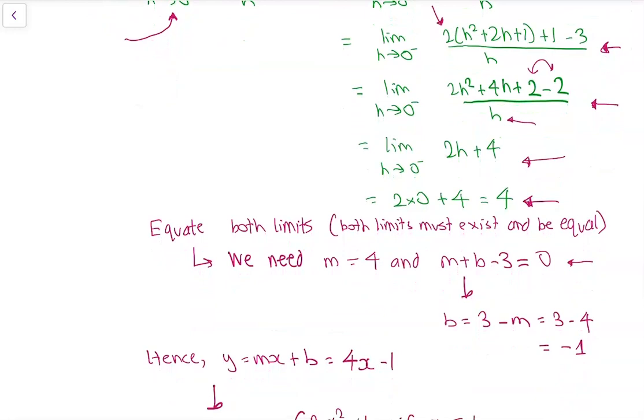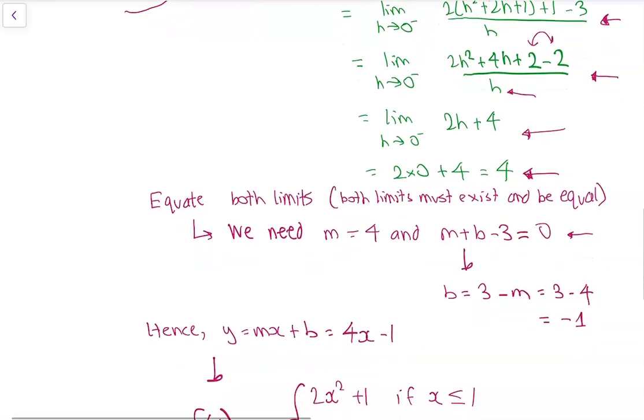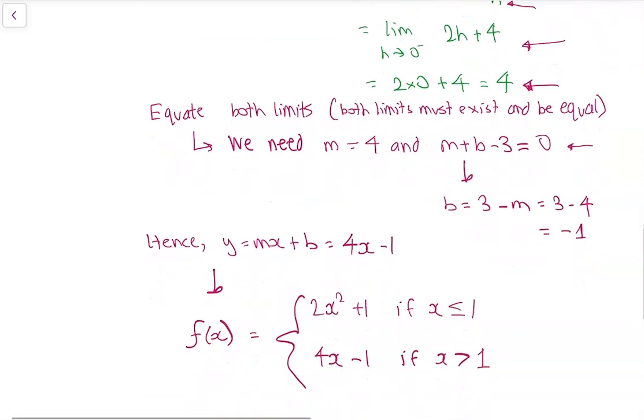And now if we substitute m into the second equation, we get b is equal to 3 minus m, which is 3 minus 4, and this is minus 1. Now we found values of m and b. So we can write y equals mx plus b, which is the same as 4x minus 1. And we get our piecewise function over here.